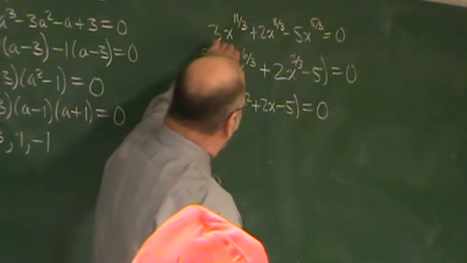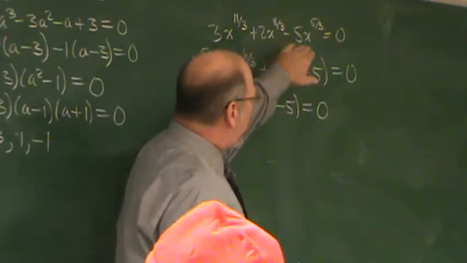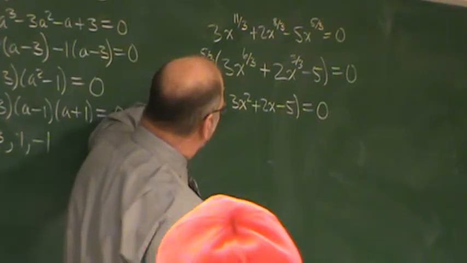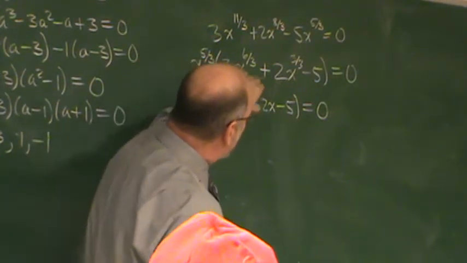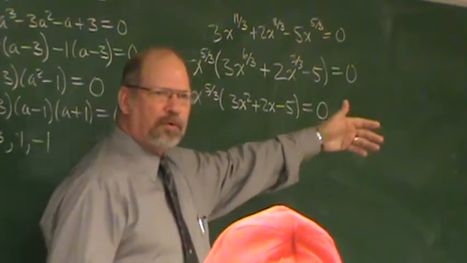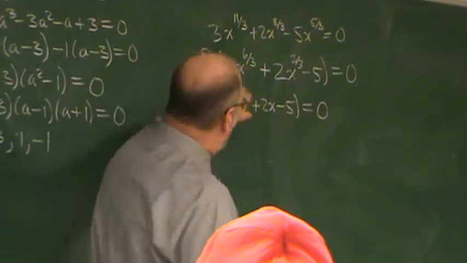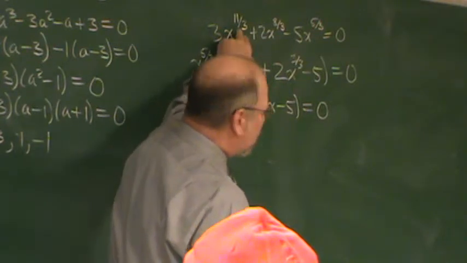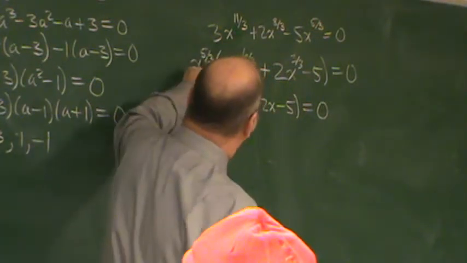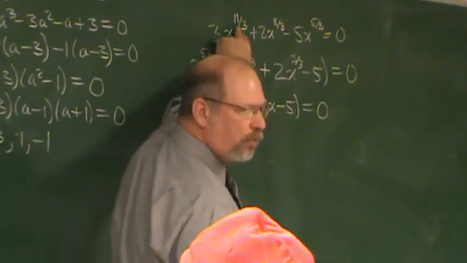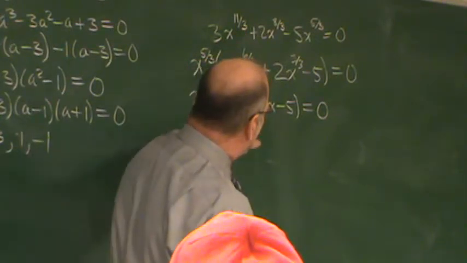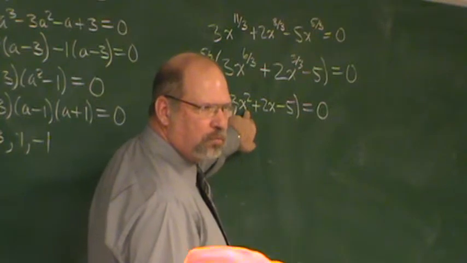Alright. Looking at the start, you have a common factor of x to the 5 thirds, yes? So you pull it out. Now it's just x, so the 3, the 2, and the negative 5 are going to stay the same. Now, what times x to the 5 thirds gives you x to the 11 thirds? In other words, what plus 5 thirds gives you 11 over 3? 6 over 3. 6 over 3 is really what? 2.